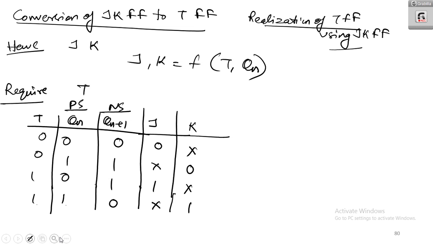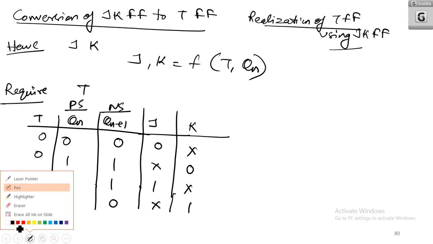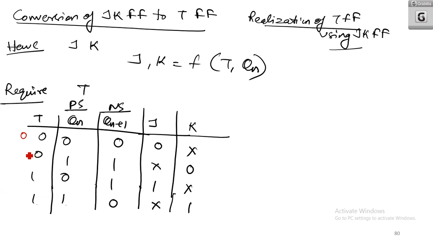Now, coming into the expression of J and K, I need to write J and K as a function of T and Qn. So coming into a two variable K map, I will write the decimals as 0, 1, 2, and 3. This is T, this is Qn, and I am going to write the expression for J.